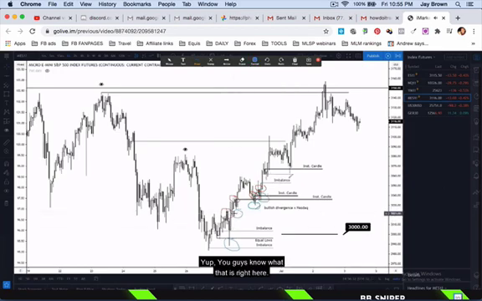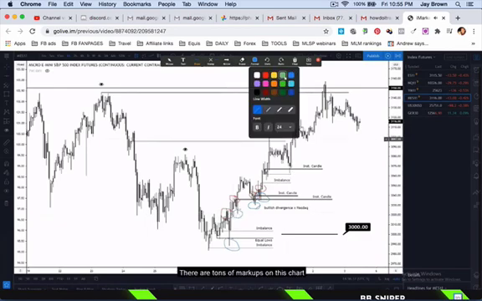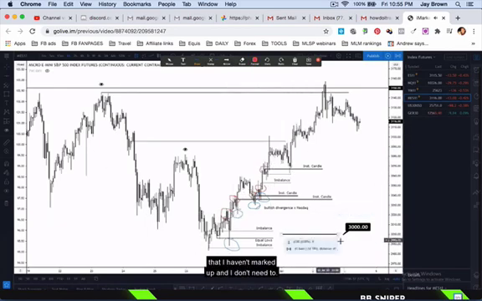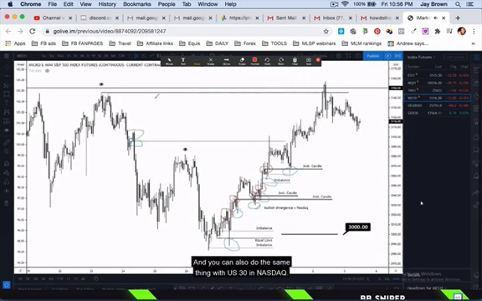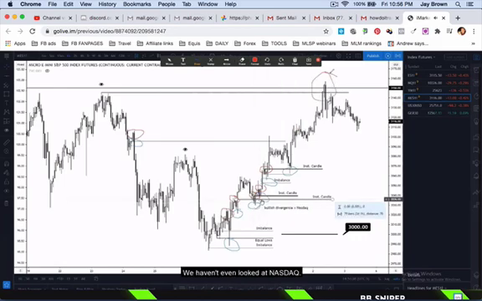You guys know what that is right here. There are tons of markups on this chart that I haven't marked up, and I don't need to, but there are a lot. And you can also do the same thing with US 30 and NASDAQ, because we haven't even touched NASDAQ today, even though the NASDAQ was in divergence here.